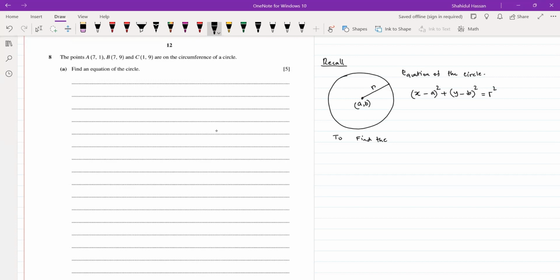We need the coordinates of the center, and we also need the length of the radius. We need these two things to find the equation of a circle.